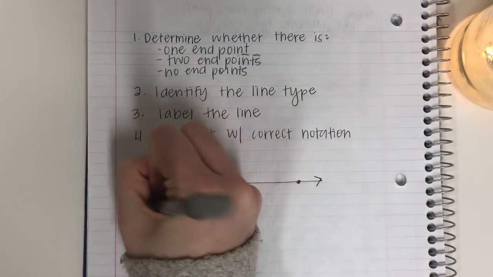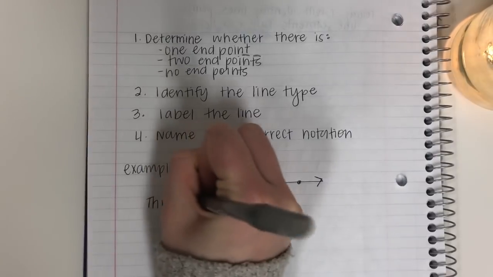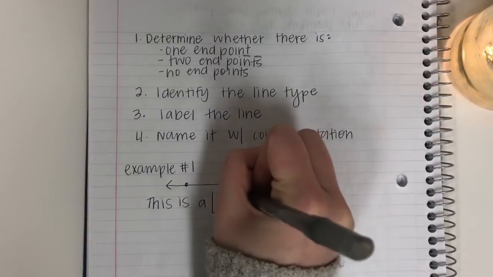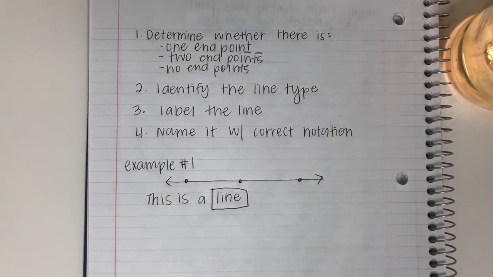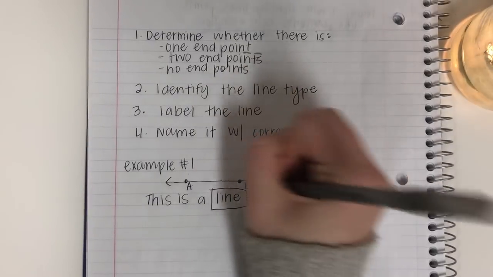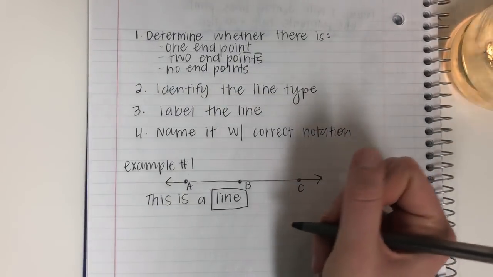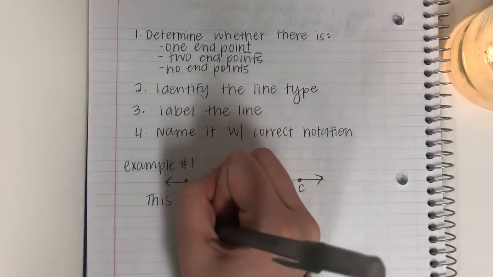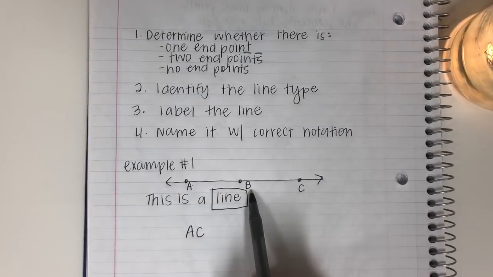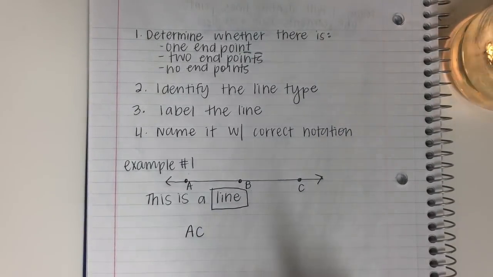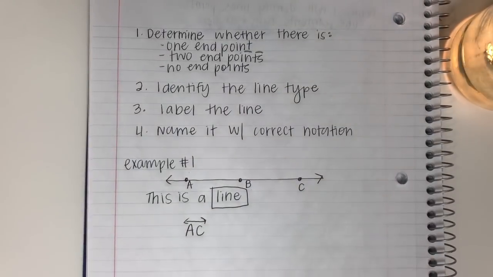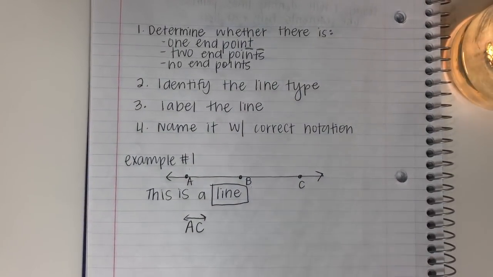So I'm going to put this is a line. The next thing we want to do is label the line. So I'm going to do A, B, C. And then I'm going to write the math notation. This is line AC. I'm not putting the B in it because I just need the two points on the end. And I'm putting a line on top.